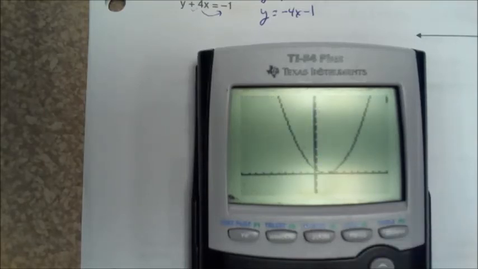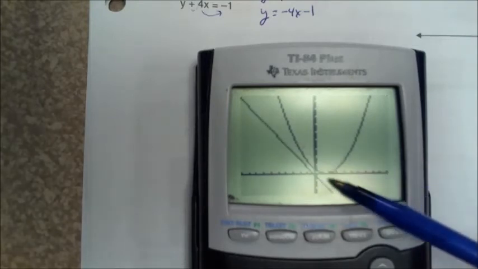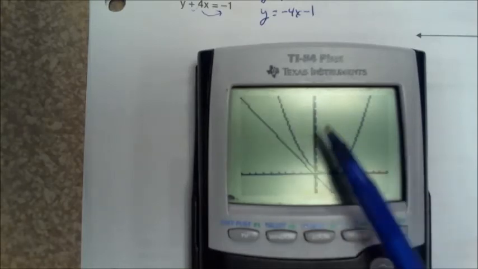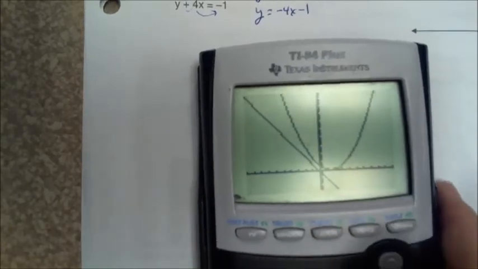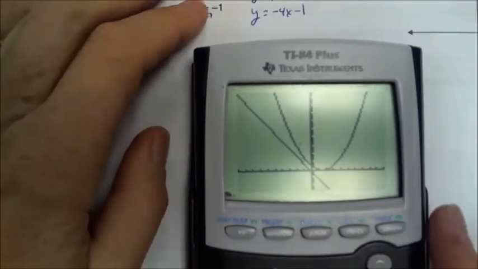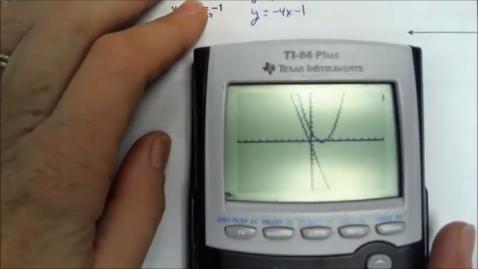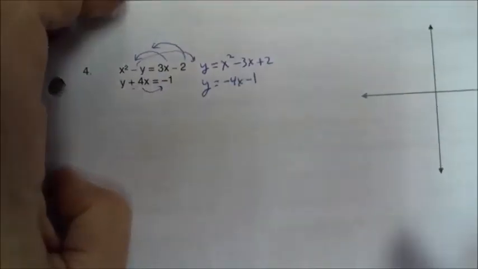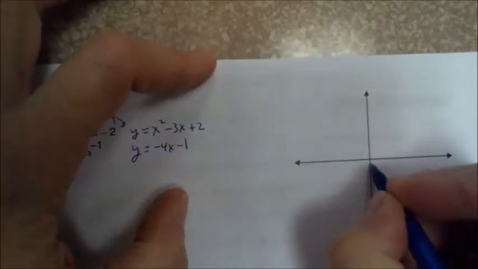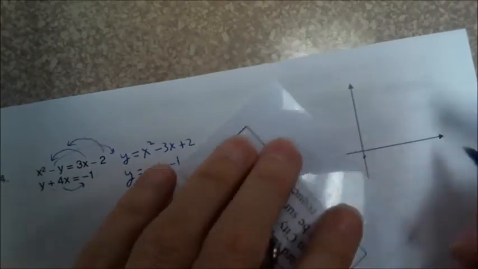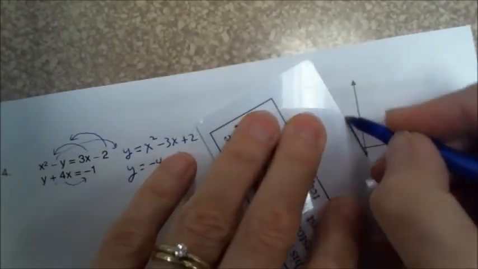So there's my parabola. Here comes my line. Yep, it looks like there's a gap in there, so there's going to be no solution to this because this line gets further and further away from this parabola. So we can graph that. I'm going to just zoom 6, which takes us back to the standard window. It looks like it goes underneath the x-axis a tiny bit there. All right, negative 4x minus 1 is steep. I should probably draw nice straight lines to help.